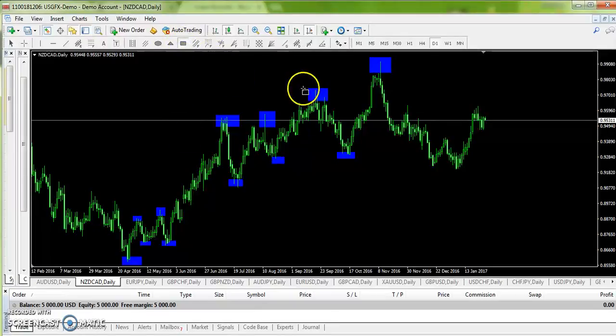What happened here is this is the higher high and this is the higher low, right? I have said that I'm going to use the trend line tool only when I find anything in between higher high and higher low in a buying market, and anything between lower high and lower low in a sell market.